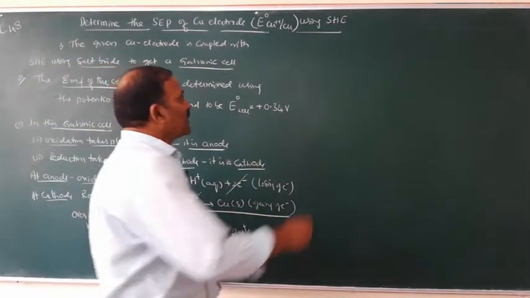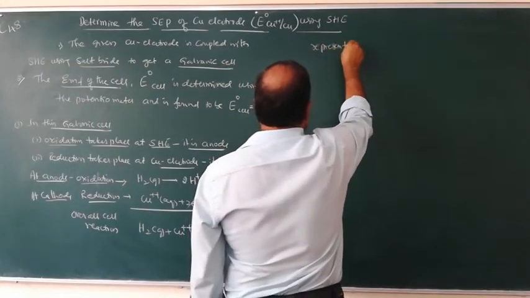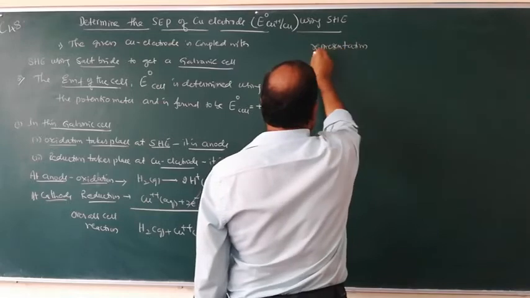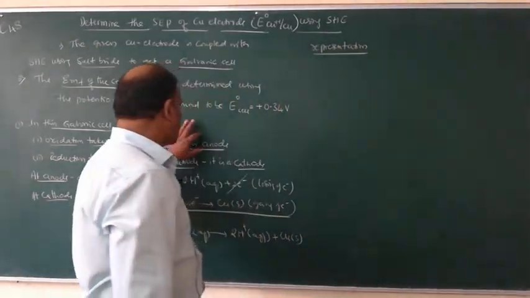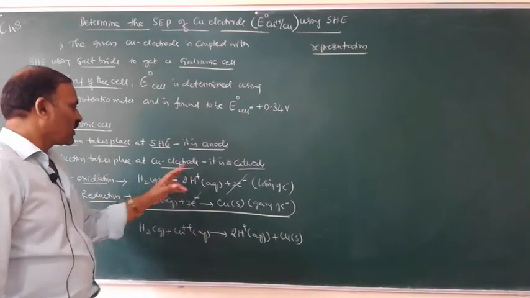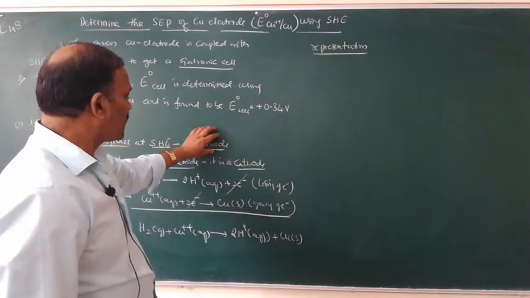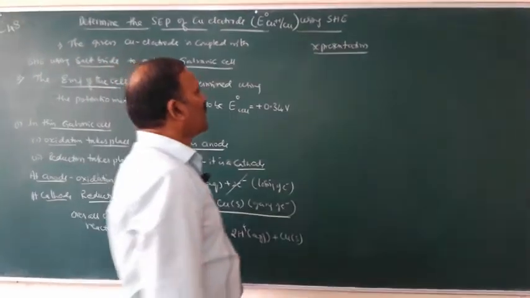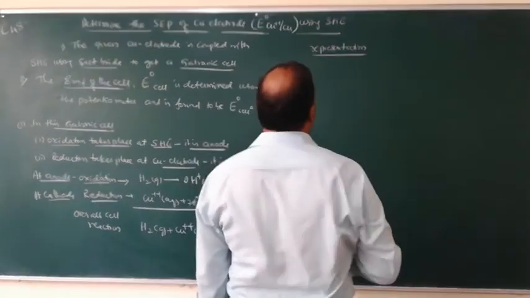So representation of cell. So which is the anode here? SHE is the anode and copper electrode is the cathode. Therefore, anode should be written to the left. SHE to be written to the left.